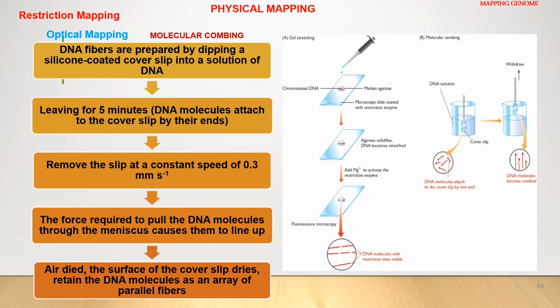The slip is then moved out at a constant speed of 0.3 millimeter per second. The force required to pull the DNA molecules through the meniscus causes them to line up, as shown in the adjacent figure. Once air dried, the surface of the cover slip retains the DNA molecules as an array of parallel fibers, and then it can be used for optical mapping.